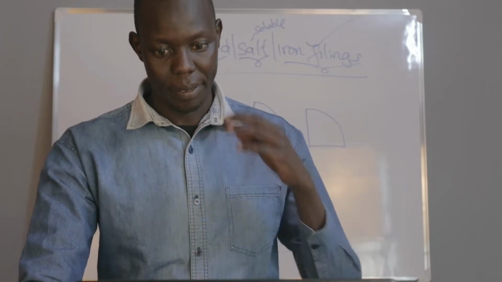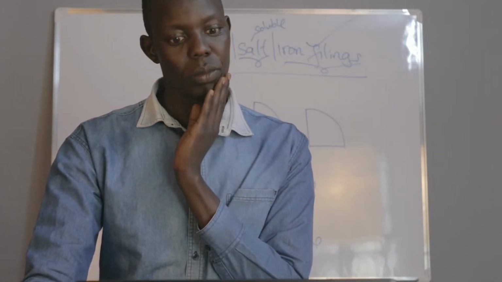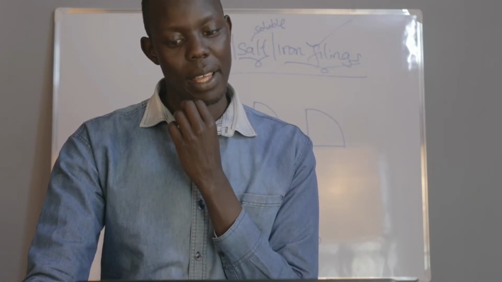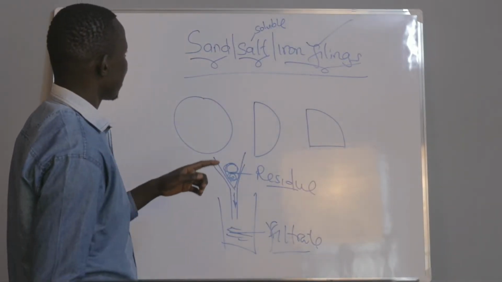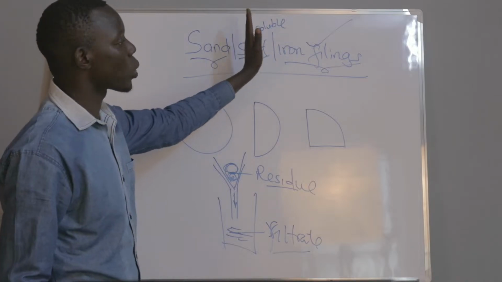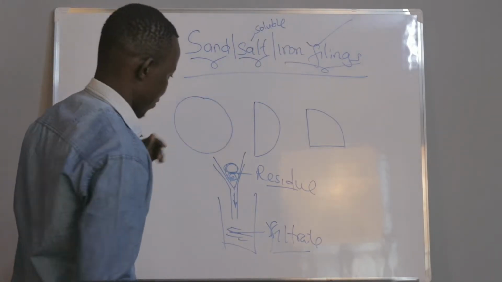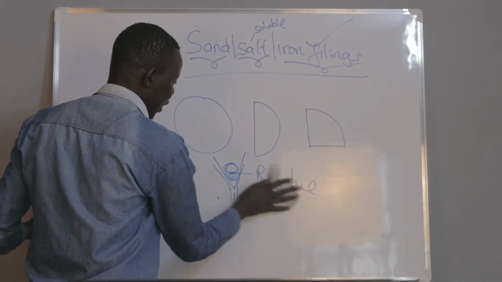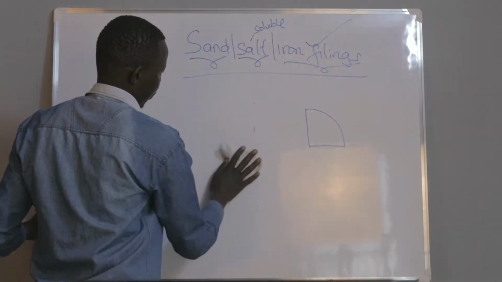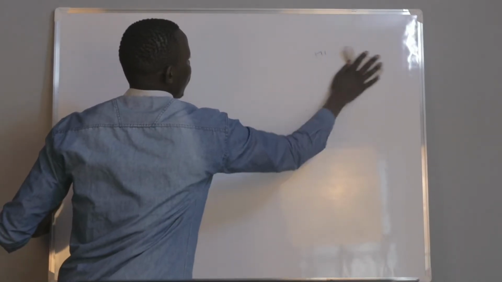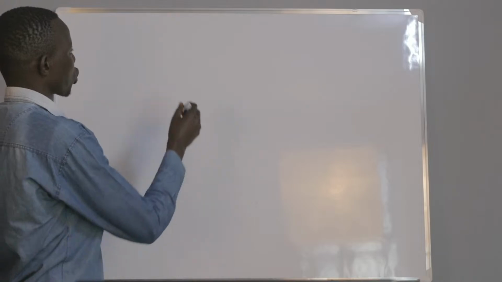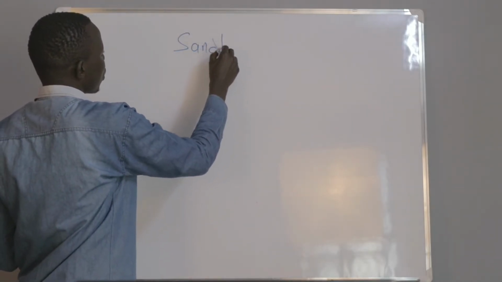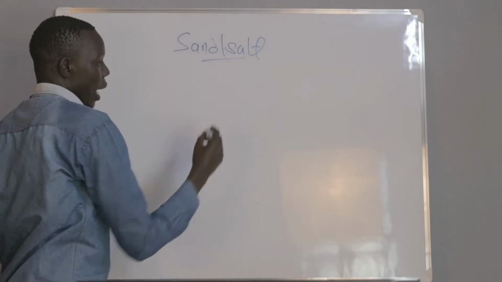Let me give another question. Now, if you are given sand and salt only, without iodine, how do we separate them? Your explanation will be very short. If you ask a Form 1, how do we separate sand from salt, they will explain directly.